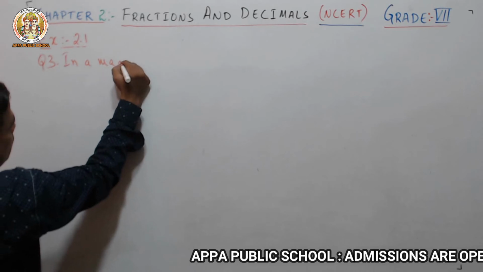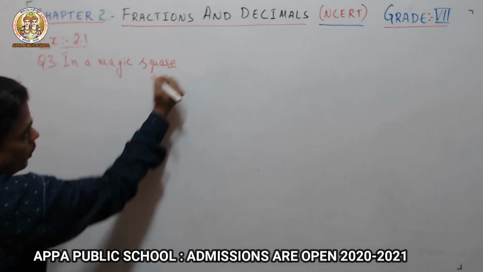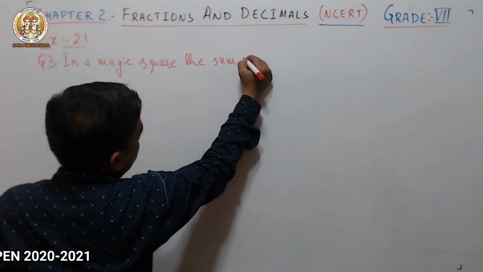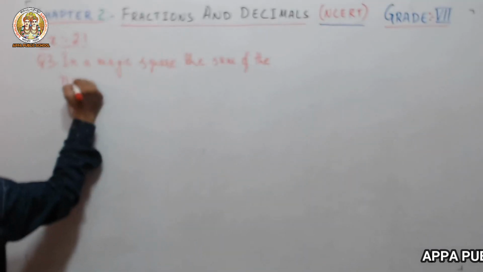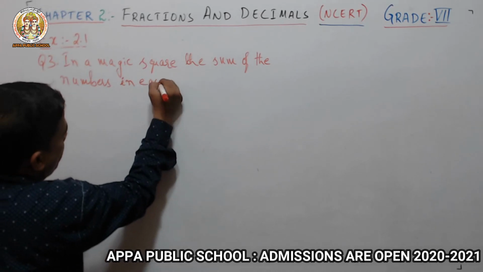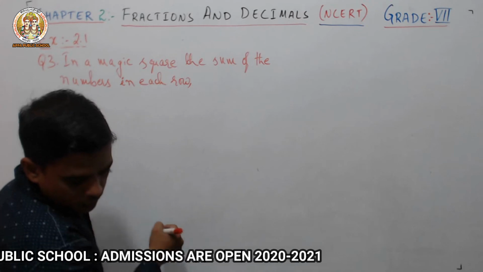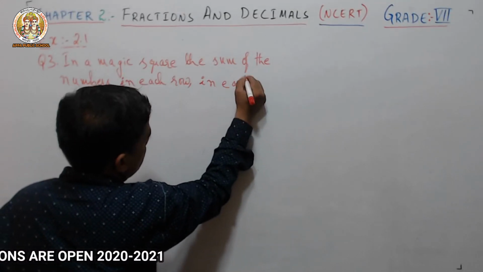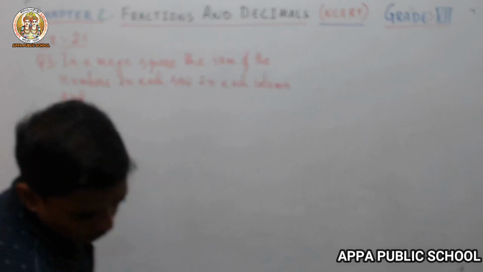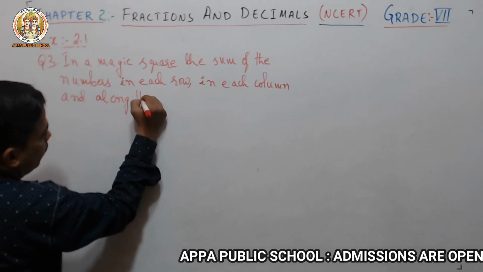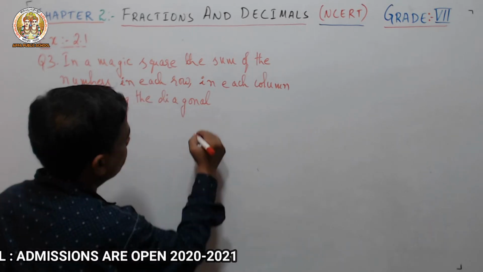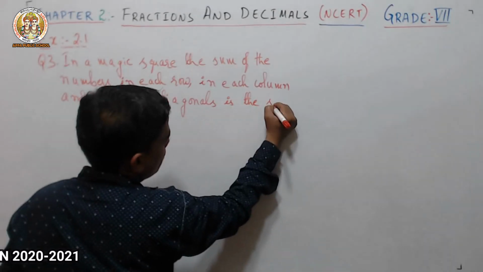In a magic square, the sum of the numbers in each row, each column, and along the diagonals is the same.